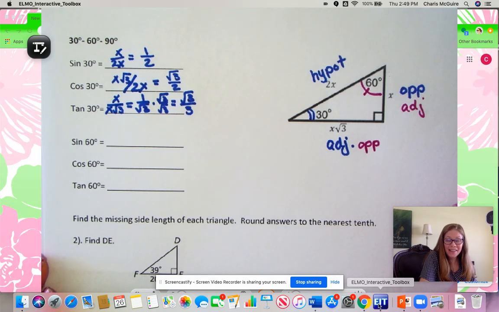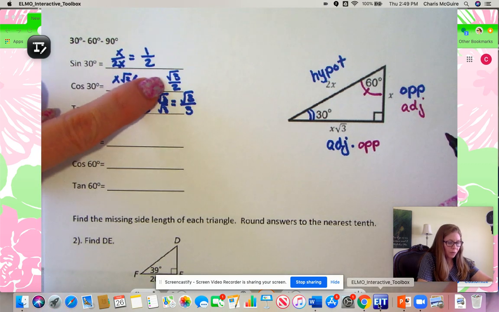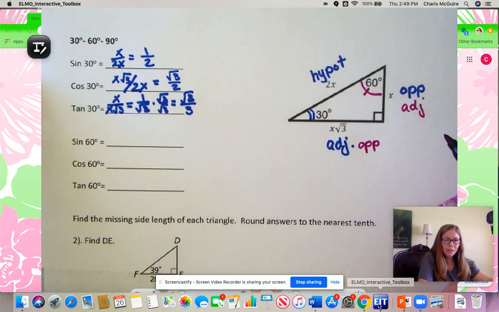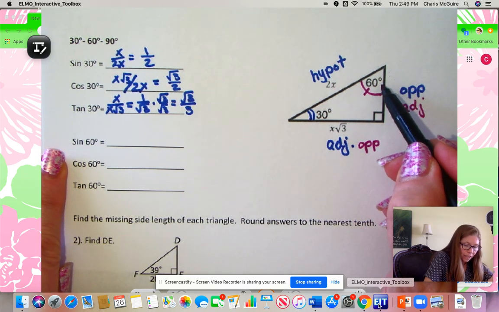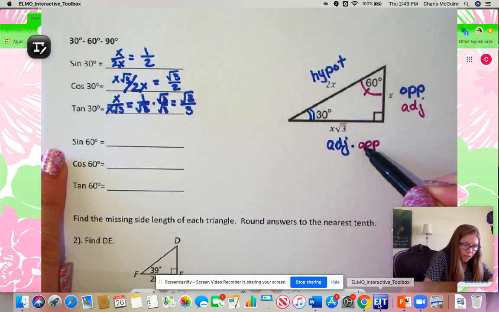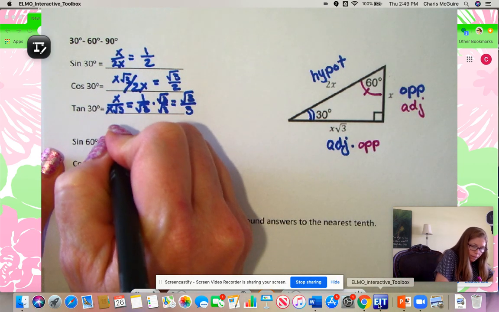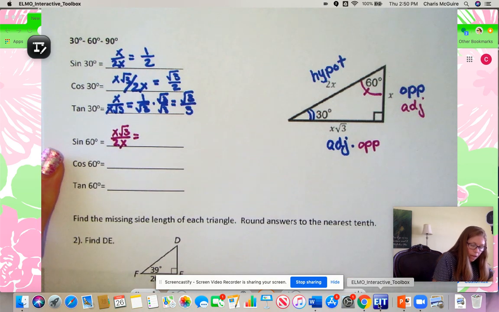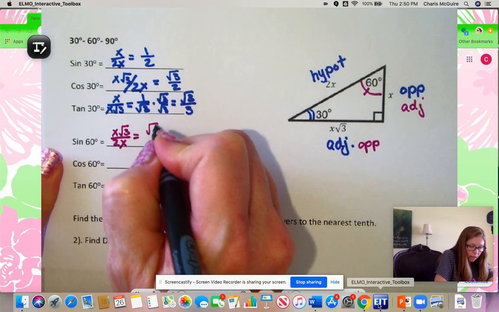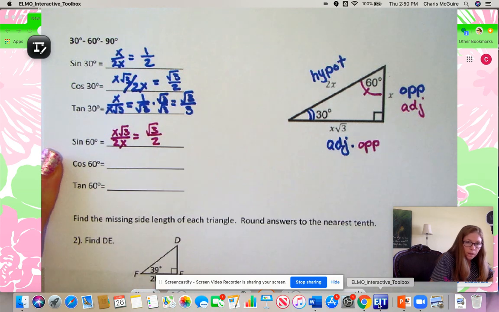All right, how'd that go? Did you get the square root of 3 over 2? Did you remember that it's going to be the cosine of its complementary? All right, so let's take a look at this. For 60 degrees, sine is opposite over hypotenuse. So we have x square root of 3 over 2x. The x's will cancel out, and we get square root of 3 over 2.